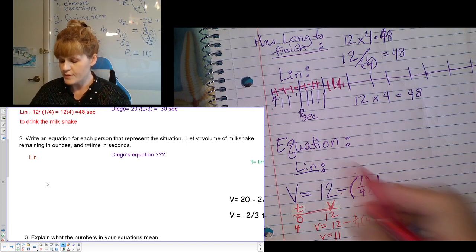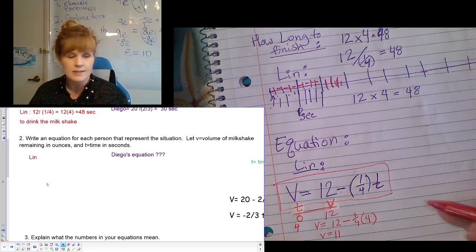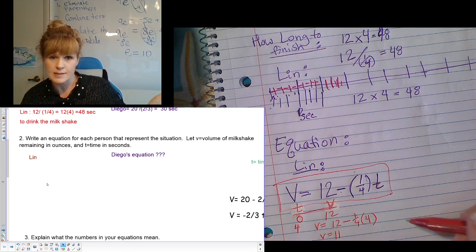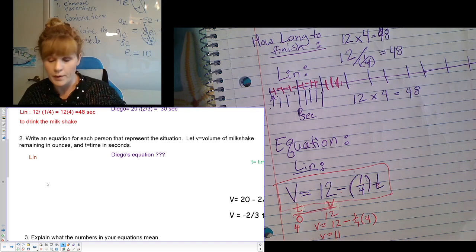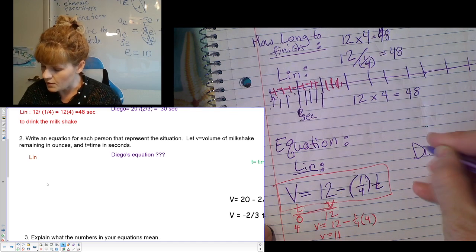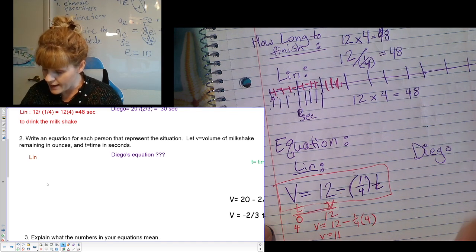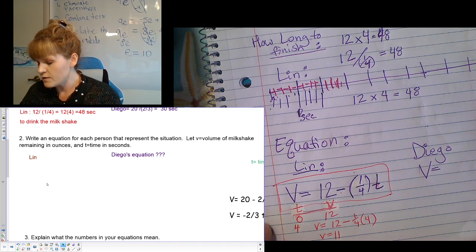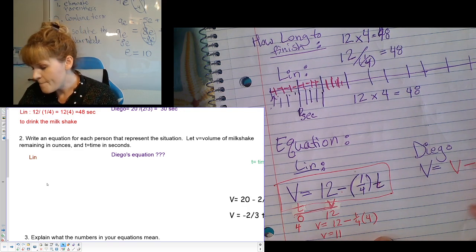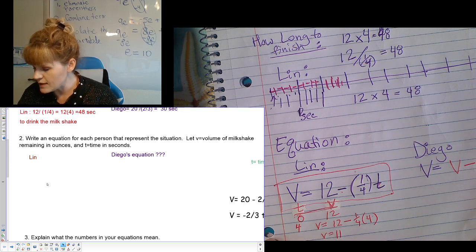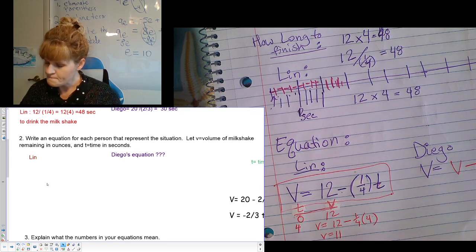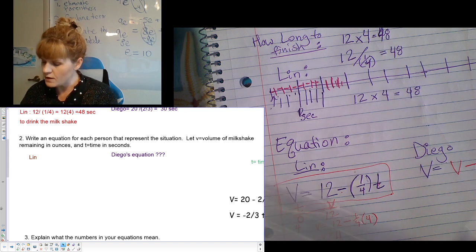Now you see how this equation works, but I'm not teaching you equations now. I just want you to check your work. You should have learned this some time ago, and I'm going to keep going now. You need to also write an equation for Diego, but you can do that, right? Diego's volume equals the starting volume minus the rate he's drinking times time.